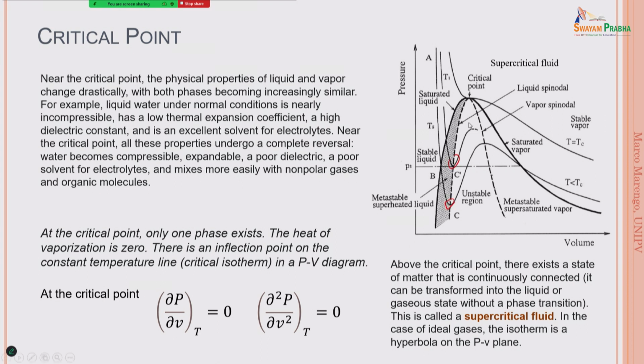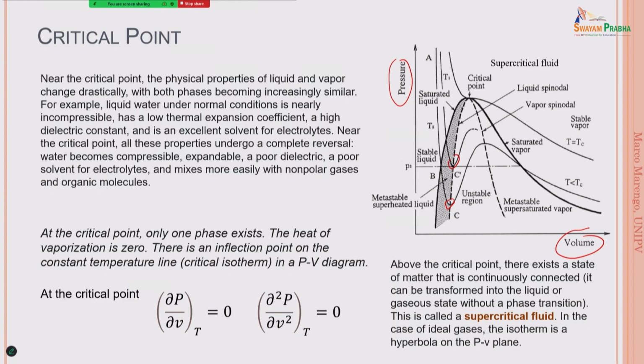If we plot pressure and volume, as you know, we have one region where liquid and vapor coexist together. At the critical point, only one phase exists. So the enthalpy, the specific volume, and the internal energy are the same between gas and liquid at this point.